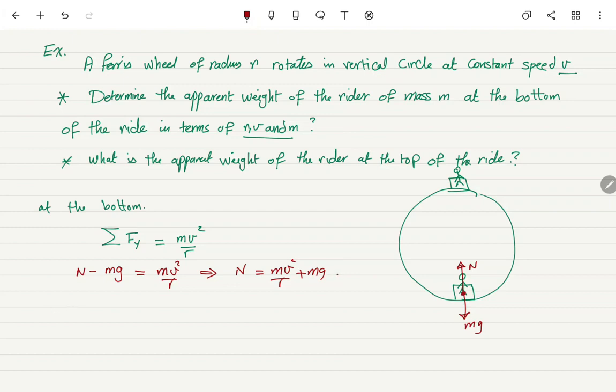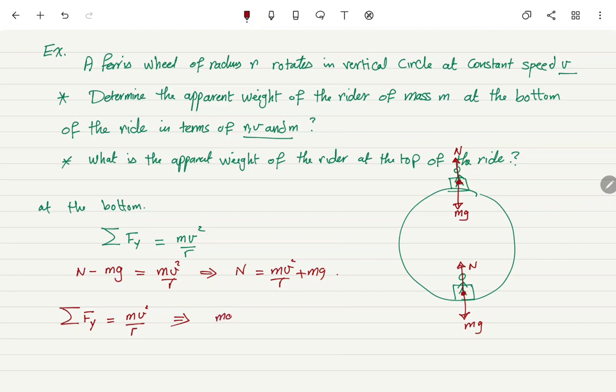However, at the top here, we actually have two forces. The weight is directed downward in this one here, and we actually have the normal force in this case here. Now, the situation here is different. So sum of all forces on y equals mv square over r, and in this case, the force directed with the acceleration, you start with it.